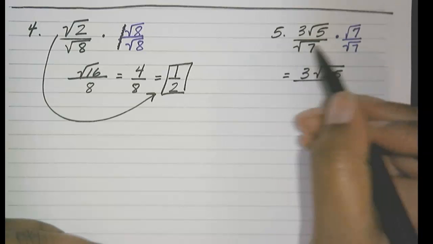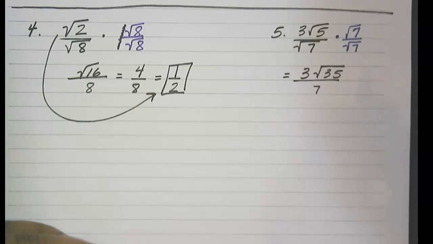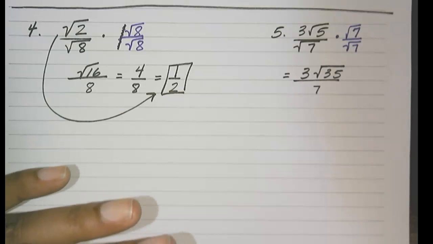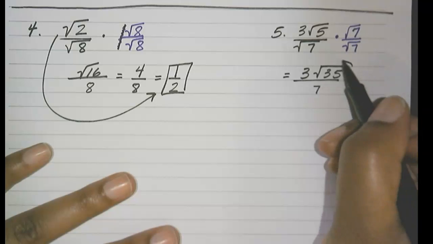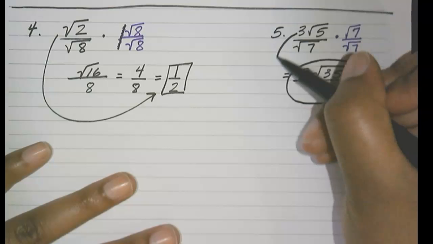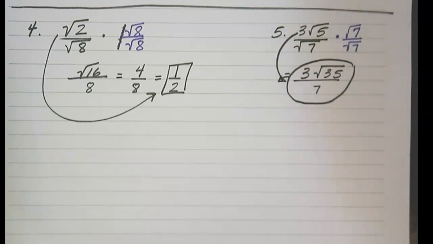The square root of 7 times the square root of 7 is the square root of 49, but that's just 7. Okay, now, truthfully, if you wanted to, on the side, you can figure out what the square root of 35 is, but it's really not necessary because that would give you 5 and 7, and 5 and 7 are 2 prime numbers. So this is number 5 in its very simplest form. You cannot reduce anything else any further. Okay, so now it's up to you to do number 6.